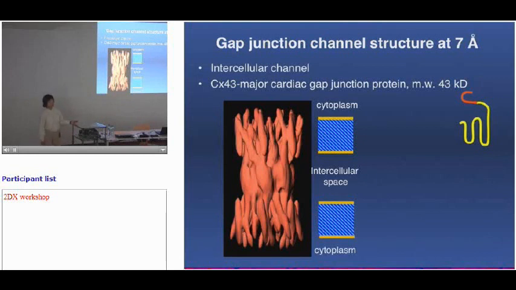The goal of the project was to look at the differences between the wild type connexin 43 and its C-terminal truncated form. The C-terminus is 15 kilodaltons. The whole thing is 43 kilodaltons. I should be able to see a big ball in the external domain. The other part has 4 transmembrane helices.